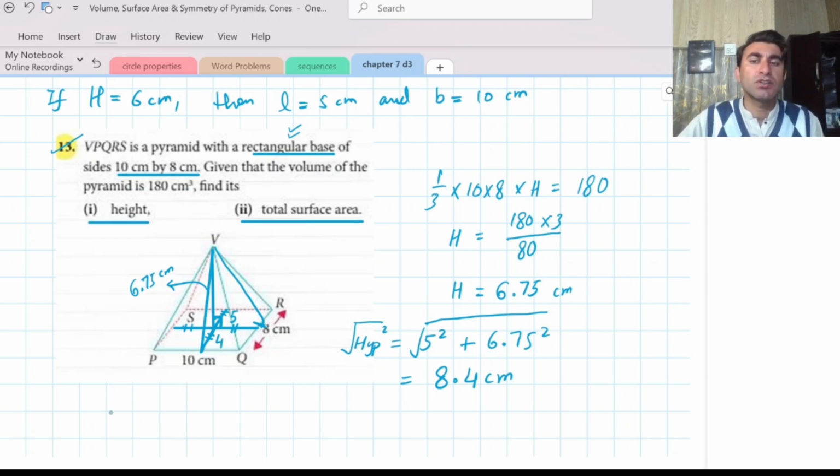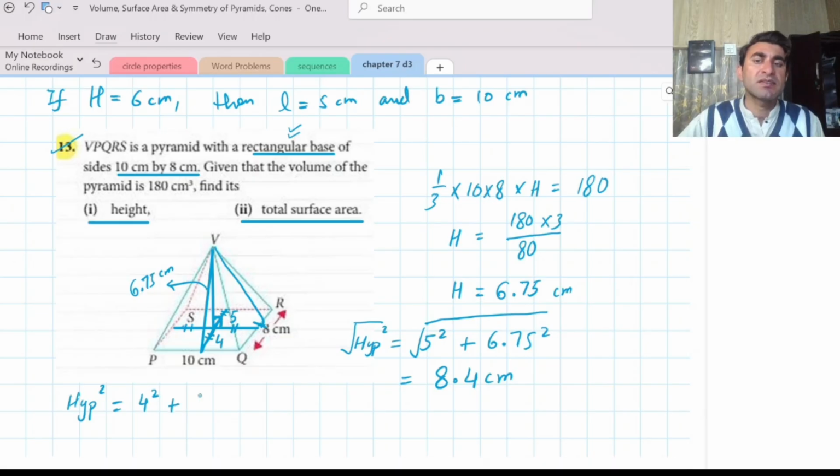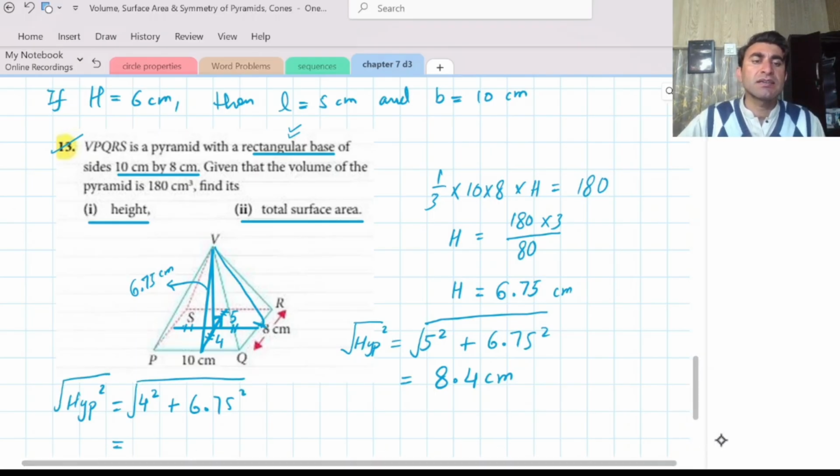So again, hypotenuse square shall equal its base, which is 4 now, 4 square, plus its height, which is 6.75 square, and then square root both sides, and that will give us the second slant height.